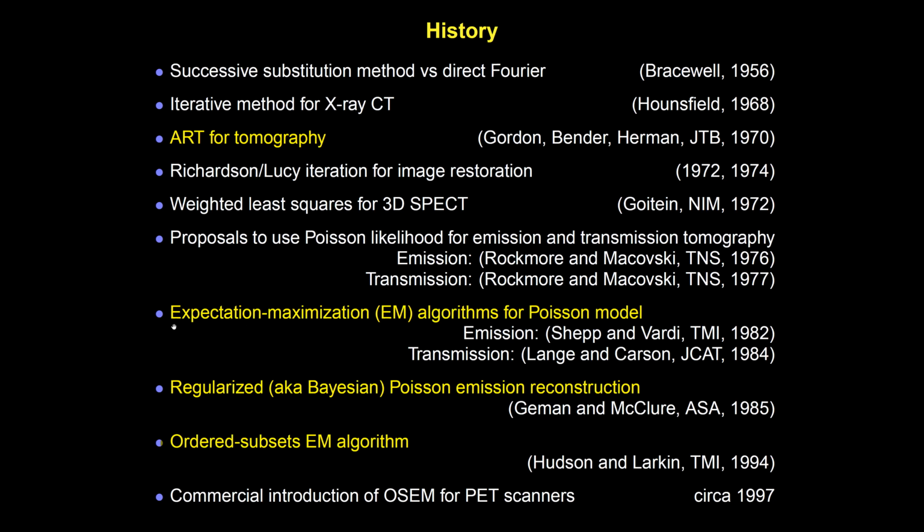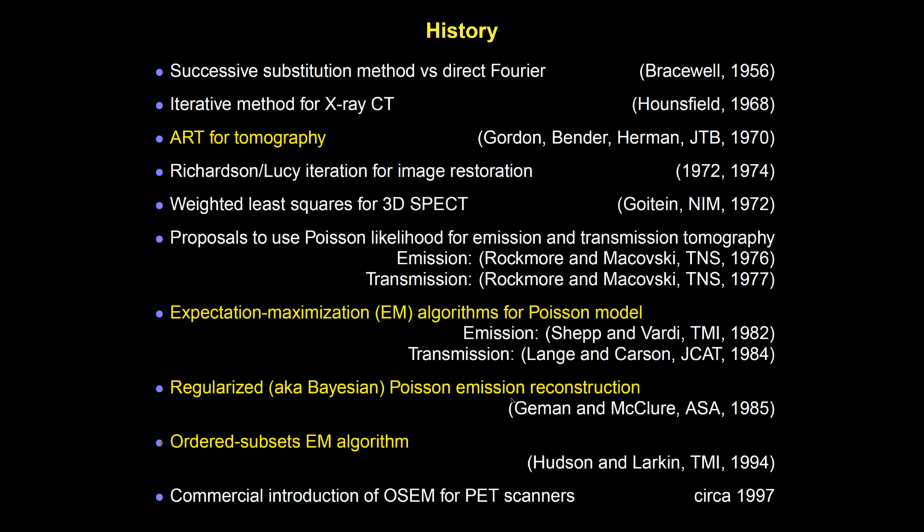And the EM algorithm for Poisson data, that's one of the most cited papers in the field, and regularized or Bayesian Poisson emission reconstruction was introduced in '85. The real software based on this type of algorithm actually came to commercial scanners just about 5 years ago.